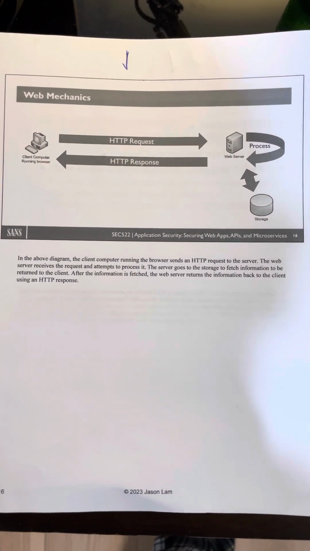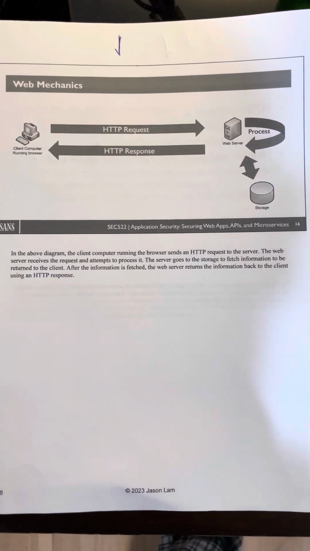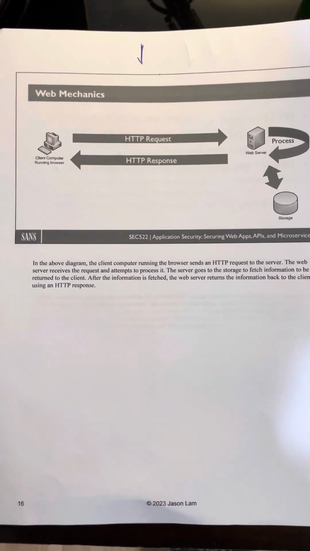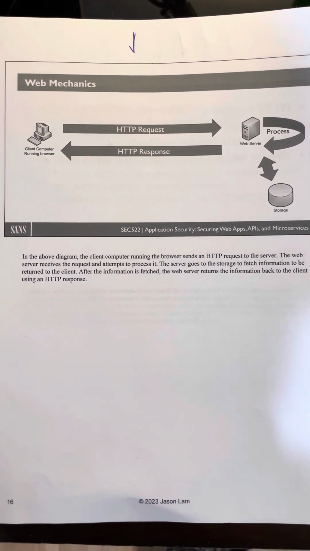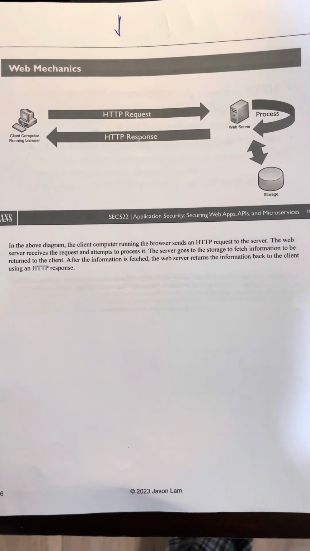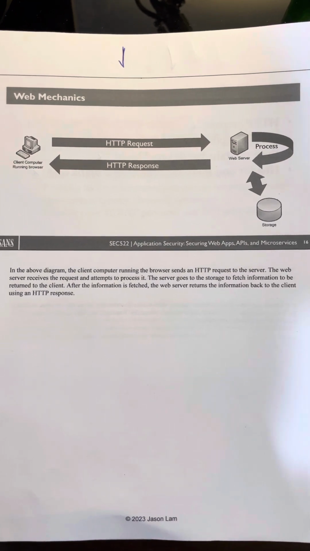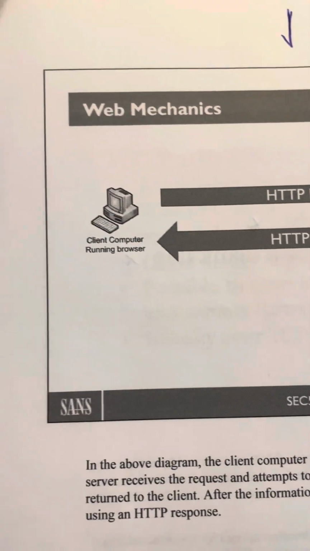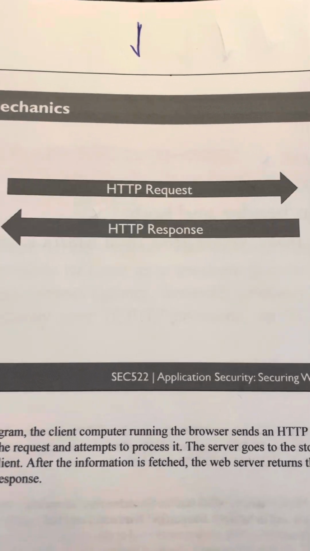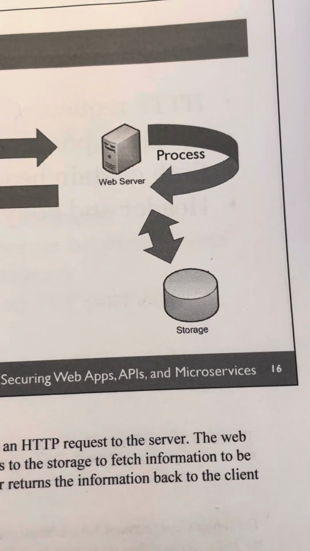If we look at web mechanics, and this is very foundational, how the internet works is very interesting, and there are some fundamental facts that you need to understand. If you see here, a client computer running a browser is going to make an HTTP request to a web server.